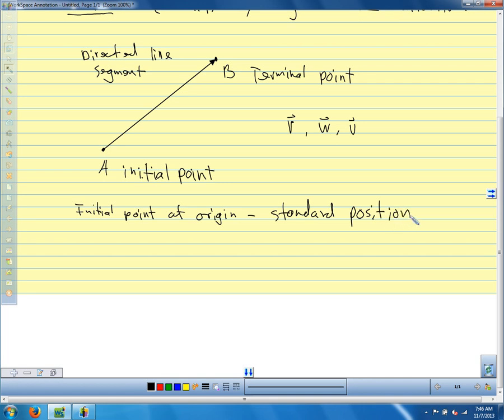If our initial point is at the origin and our terminal point is at some point (v1, v2), then we write our vector v equals, and we use these angled brackets, ⟨v1, v2⟩.